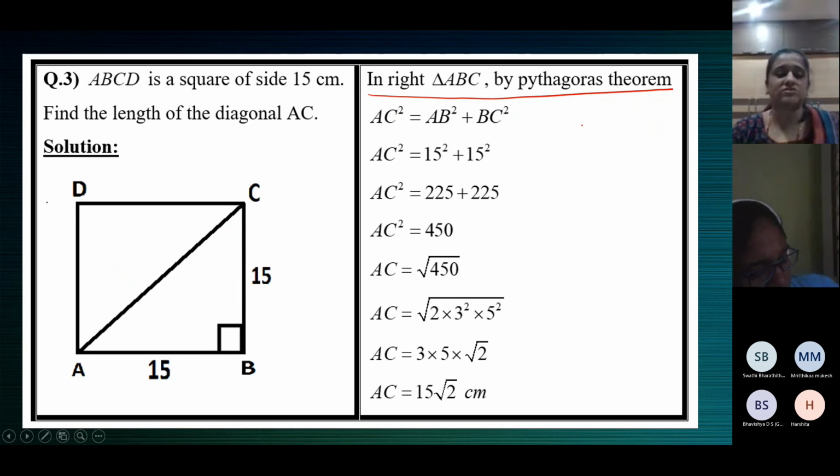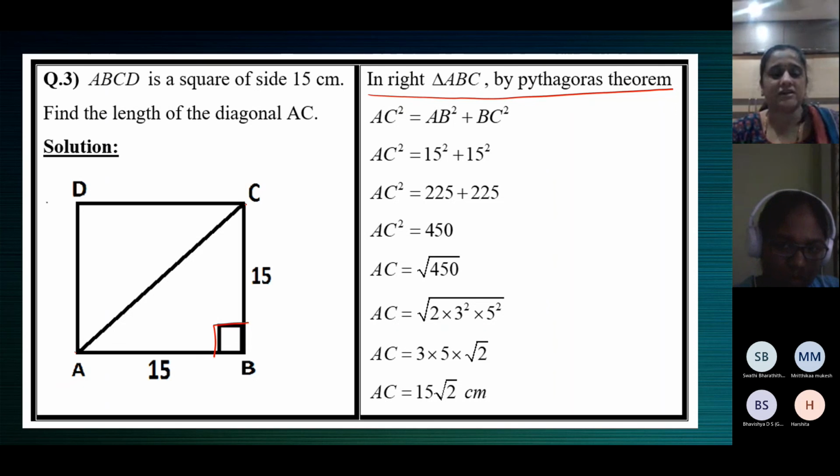So how do you apply Pythagoras theorem? Now this is the right angle. ABC is a right angled triangle. Now, why is AC the hypotenuse? Because it is the side opposite to the right angle.